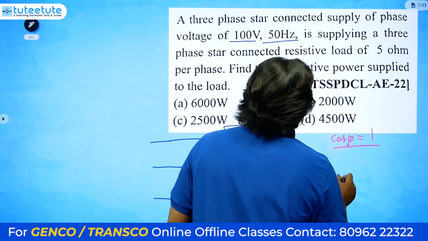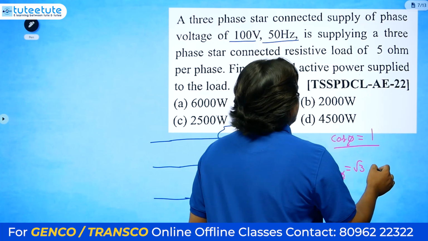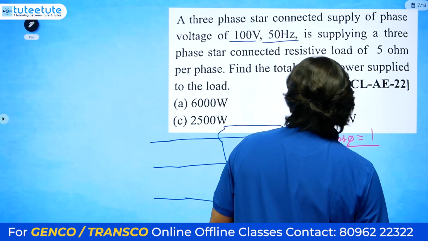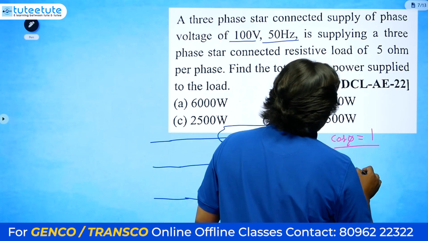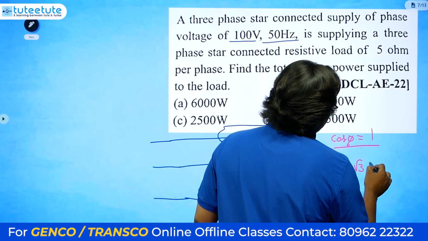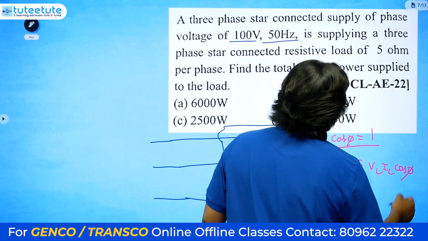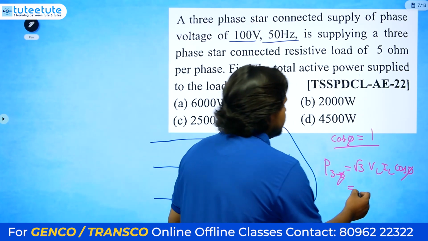Active power for 3 phase they are asking, so we know it is root 3 VL IL cos phi, otherwise phase quantities also we can consider. Line voltages we have, so that's why root 3 VL IL cos phi we can use like this. Root 3 value directly we have to give here.